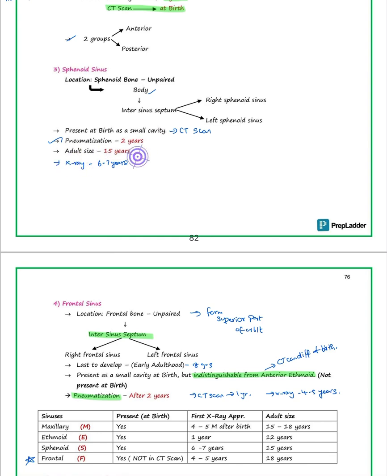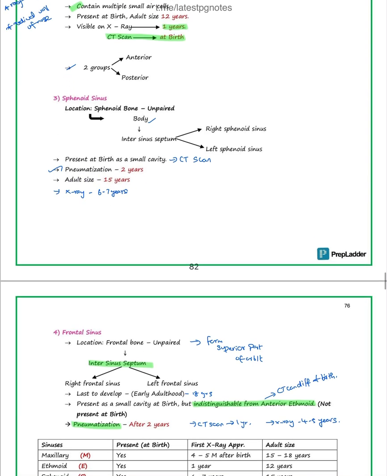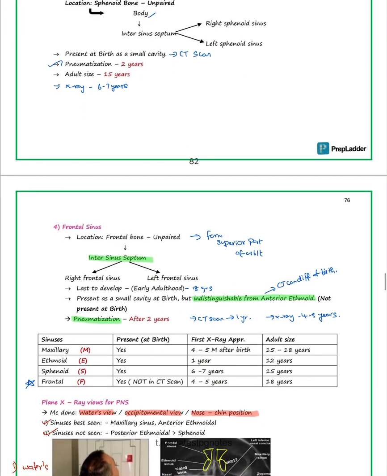In adults it is reached at 15 years. This entire sphenoid bone, which looks like a wing or a small bird, is unpaired because it is connected by the body, which has an intersinus septum that divides it into right and left sphenoid sinuses. So it is not considered as paired.